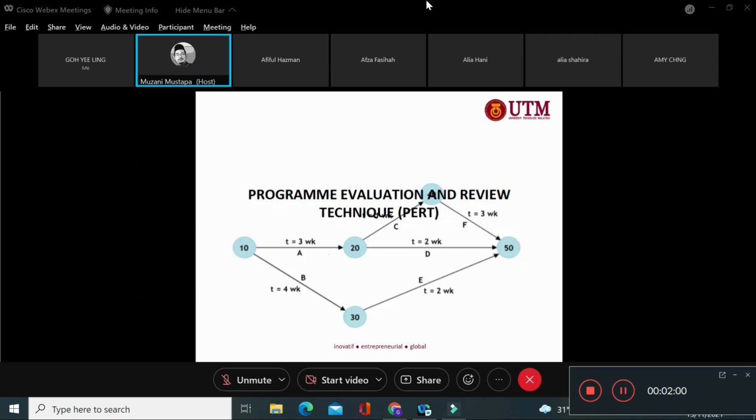So when we draw the CPM network, we don't count the time scale in our drawing, but what is important is the logical sequence of activities.